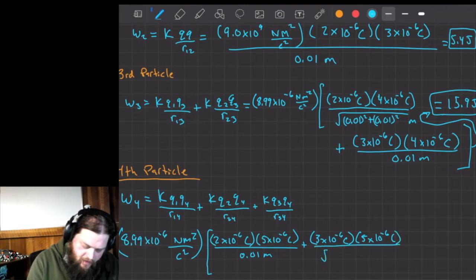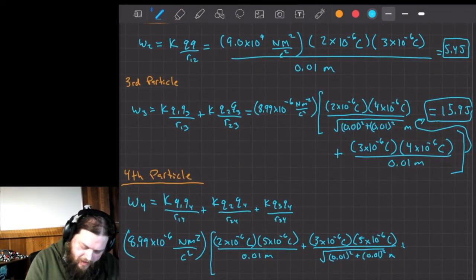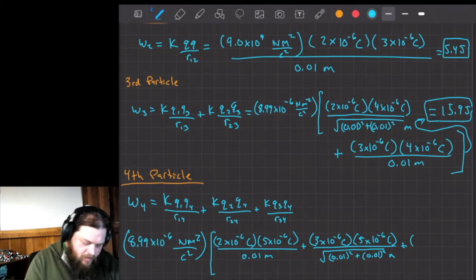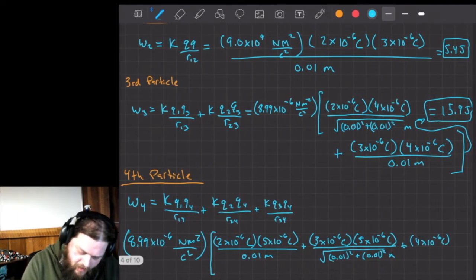Divide that by the square root of 0.01 squared plus 0.01 squared in meters. I'm going to add to that, in this case, charge 3 and 4, which is 4 times 10 to the negative 6 coulombs. I'm running out of space again.